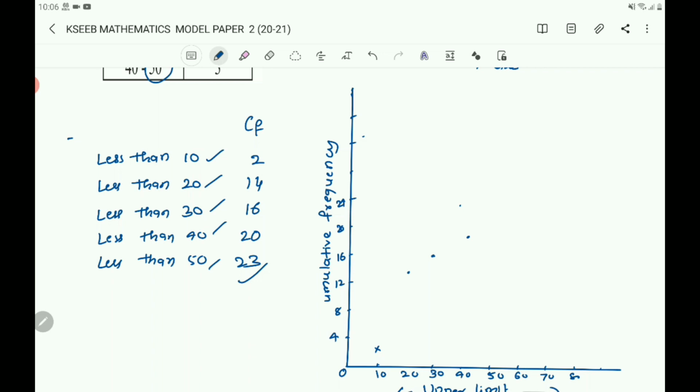Then 50, 23. 50, 23 means near to 24. Here is 24, so 23 is near to 23. Now you join all the points here.